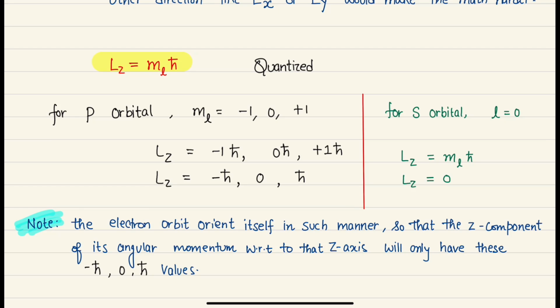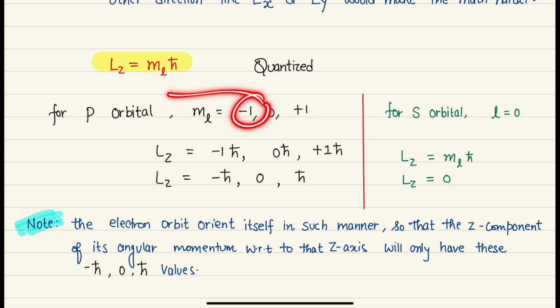We have already discussed the azimuthal quantum number, principal quantum number, and magnetic quantum number. You can check the playlist. All the links are given in the description box. Go and check it and see the videos from the start. Now, we know that for the p orbital, the possible ml values are -1, 0, +1.